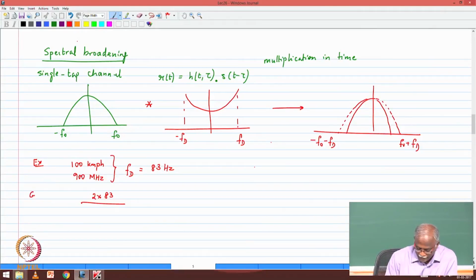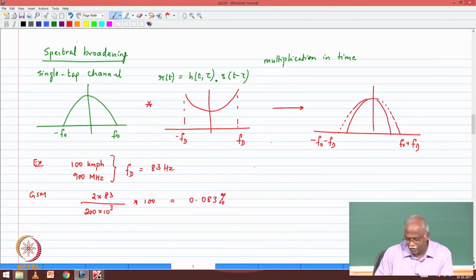Supposing you are looking at the GSM signal, the bandwidth is 200 kilohertz, into 100 to get percentage. This comes out to be 0.083%. You may not even notice that the spectrum has become wider. Okay. Again, we have mentioned that the frequency domain interpretation says that the impact is minimal in terms of the spectral broadening. So this is the frequency domain impact.